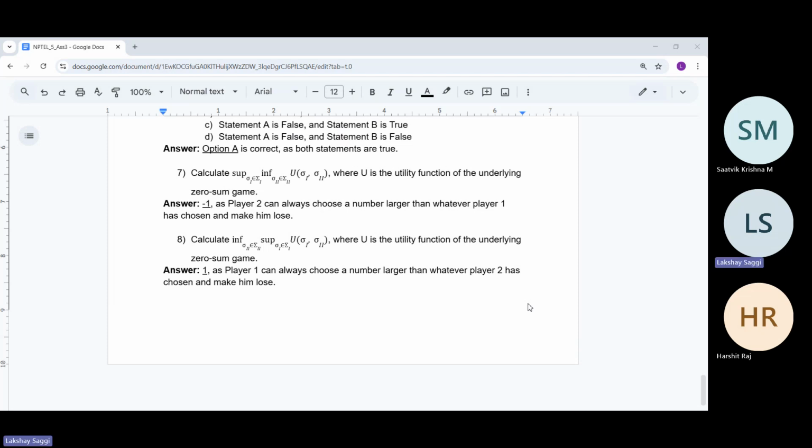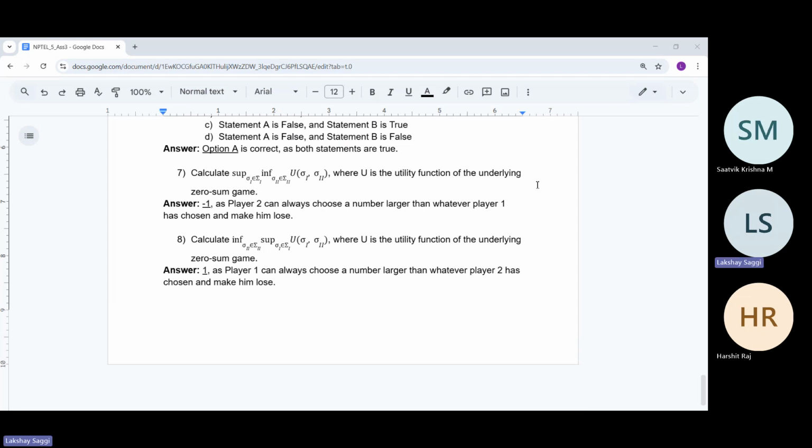I guess since Satvik and Harshit, none of you have any questions to ask. Satvik is asking, can we get resources for practicing such questions? I posted in the chat some resources which have been shared on the NPTEL page, the books which the professor is following. I'll just copy and paste the message again.